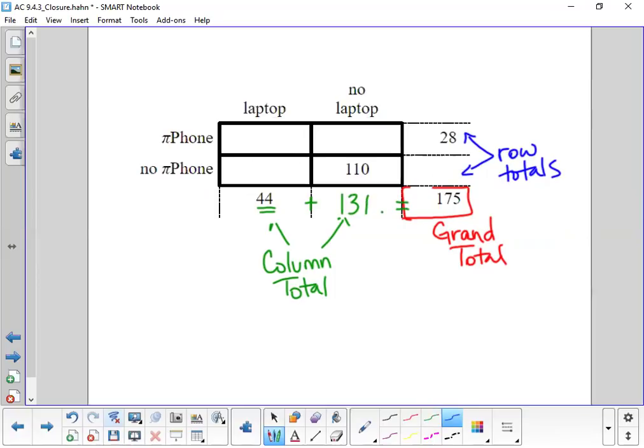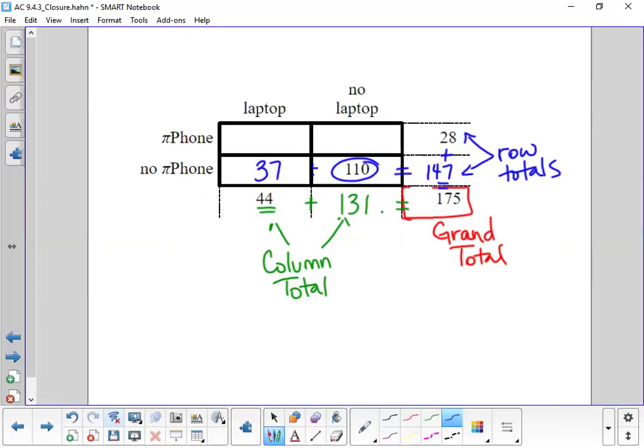Similarly, I can do that with my row totals. 28 plus whatever is in this row has to equal 175. So I can do 175 minus 28, and I will get 147. Now, I can kind of work backwards and say, okay, this plus 110 has to equal 147. So I can do 147 minus 110, and I will get 37 here.